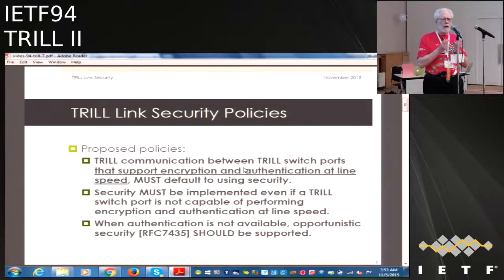Even if the port is not capable of encrypting at line speed, you have to implement encryption, because there may be circumstances under which you're not using the full line speed anyway, and the sensitivity of the data is such that you want to encrypt even though that will slow things down. That's a pretty strong position for TRILL to take in security.